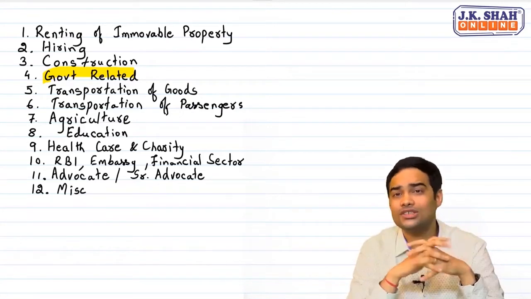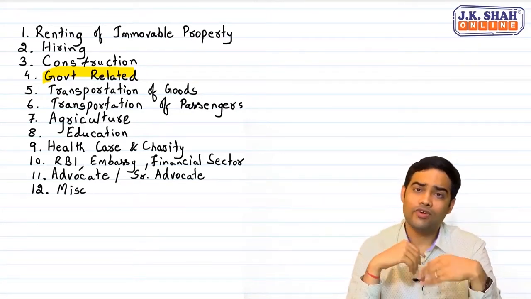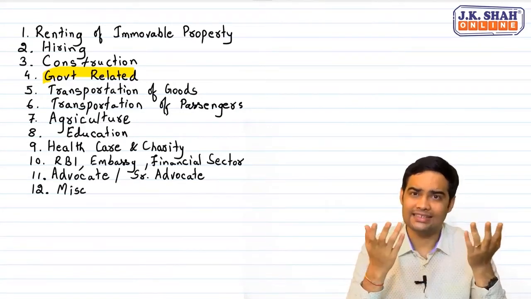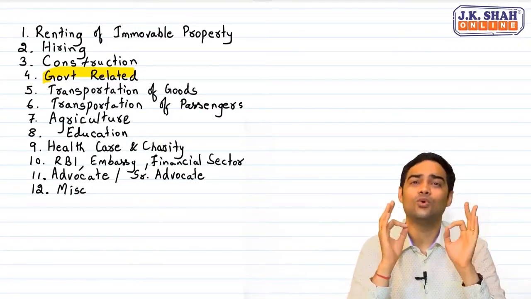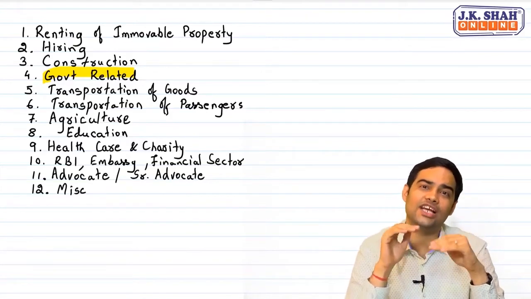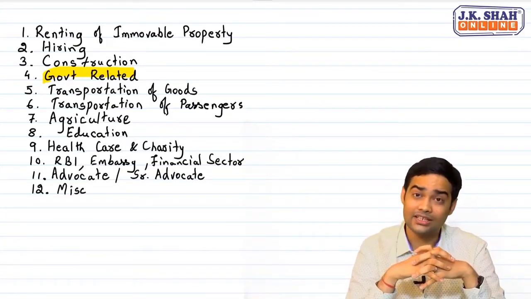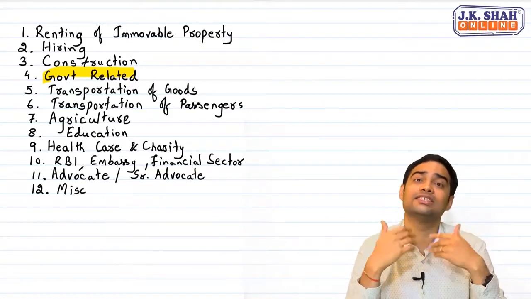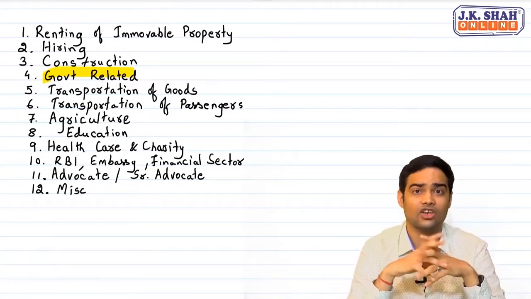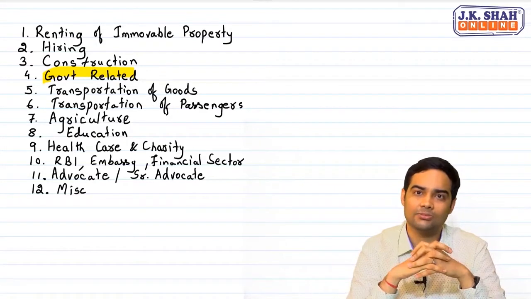So if I were to sum this up: government providing services to you, exempt. Government providing service to a business entity whose turnover in the preceding financial year does not exceed the registration limit, exempt. Government providing service to a business entity whose registration limit is crossed, taxable under reverse charge mechanism.